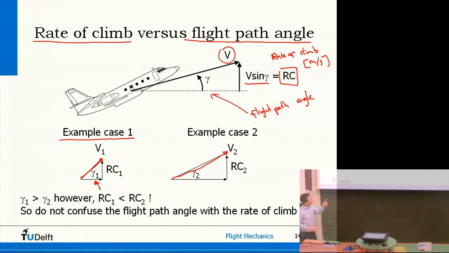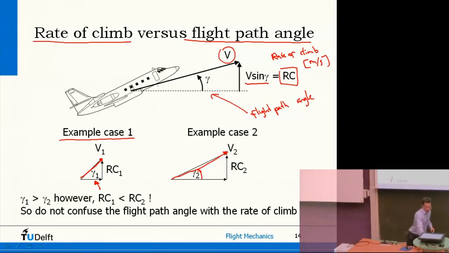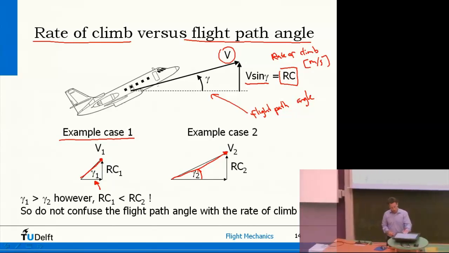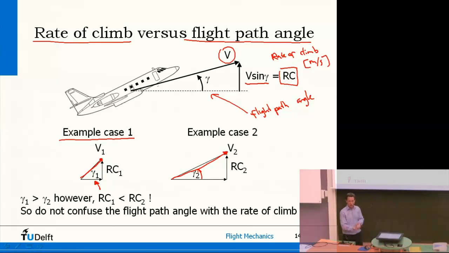Now if you look on the left, then the aircraft is actually climbing steeper, but if you look on the right, then the rate of climb, so the sine component of the flight path angle multiplied with airspeed, is actually larger. So even though in this scenario you're not climbing as steeply as the one on the left, the rate of climb, so the time, is much better. So don't confuse these two. We have time and angle.